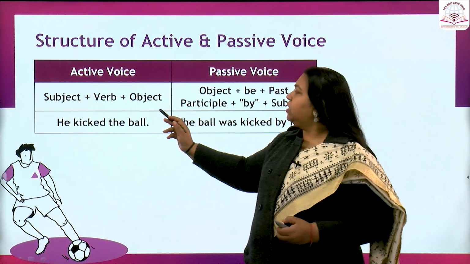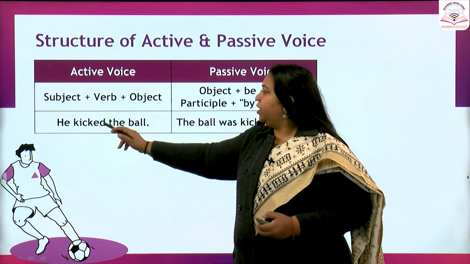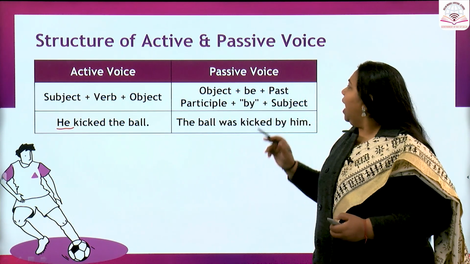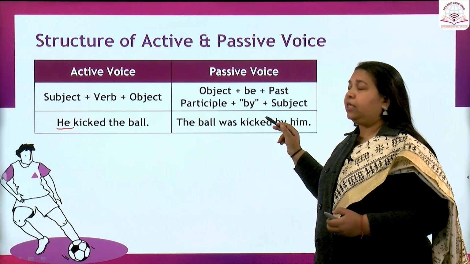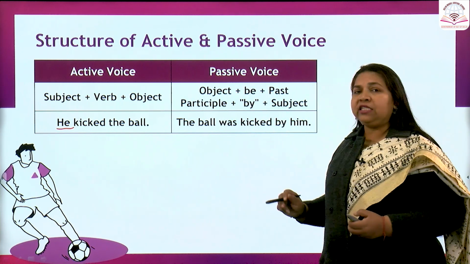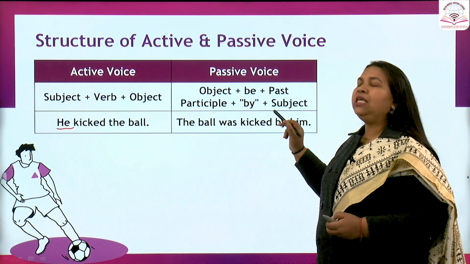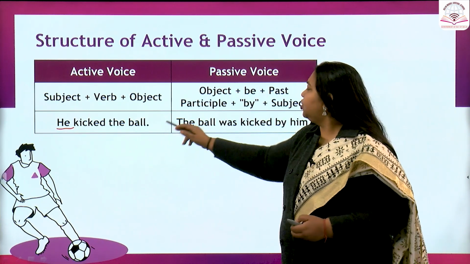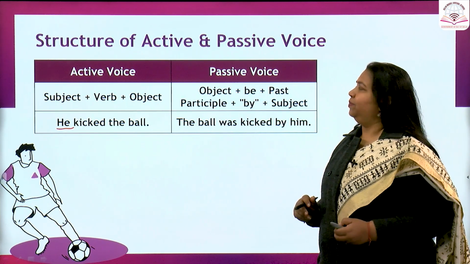In active voice, we have subject plus verb plus object. For example, he kicked the ball. And in passive voice, object plus be plus past participle, and by is added before the subject, that is the doer. This will change into the ball was kicked by him.